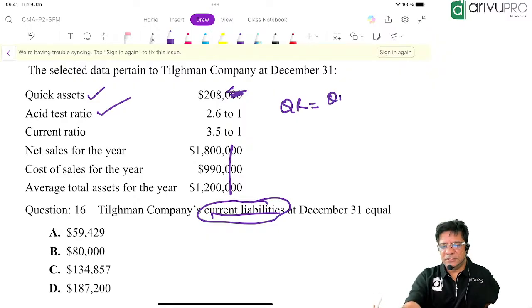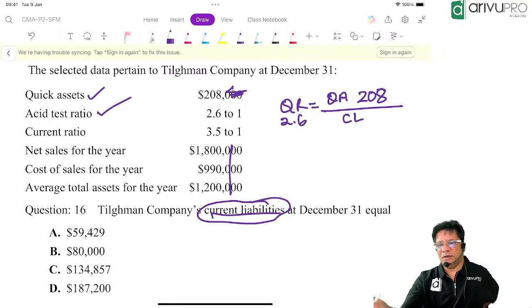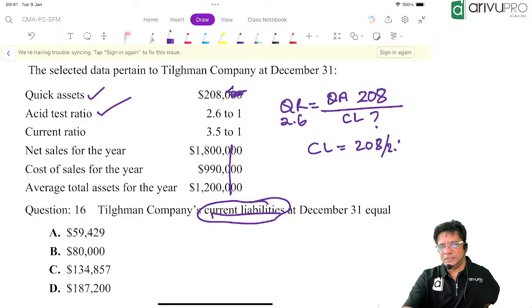Now, quick assets is 208. Then this ratio is 2.6. And they are asking you current liability. Simple. Current liability is 208 divided by 2.6. That's it.